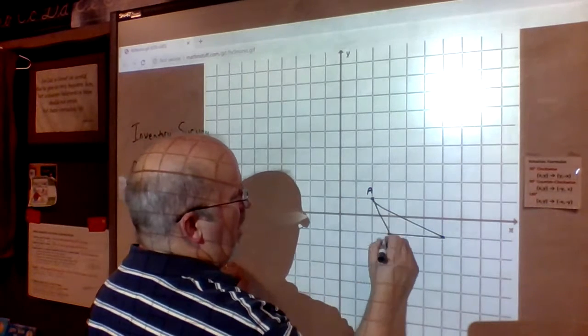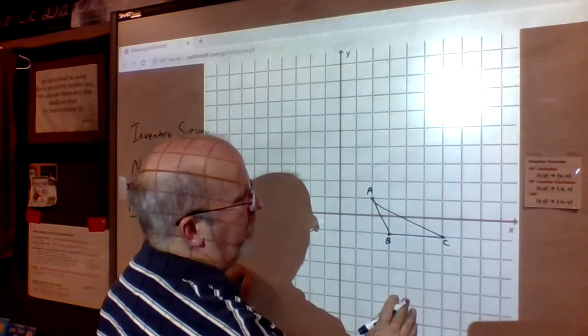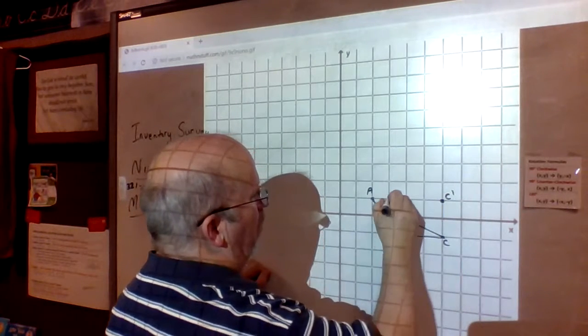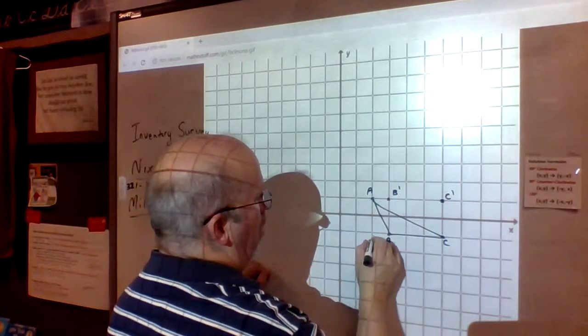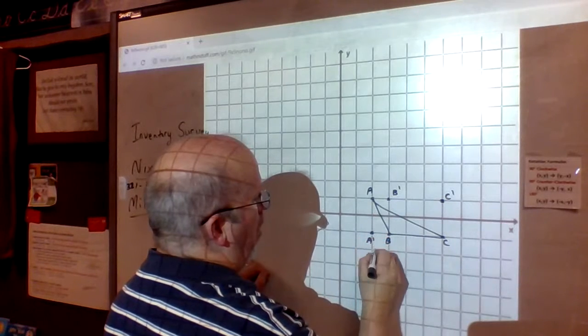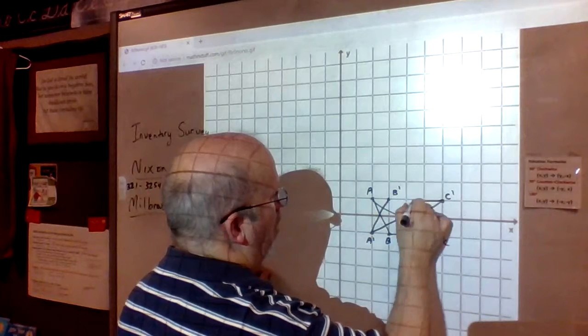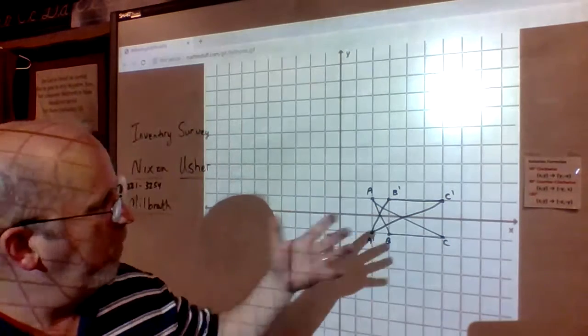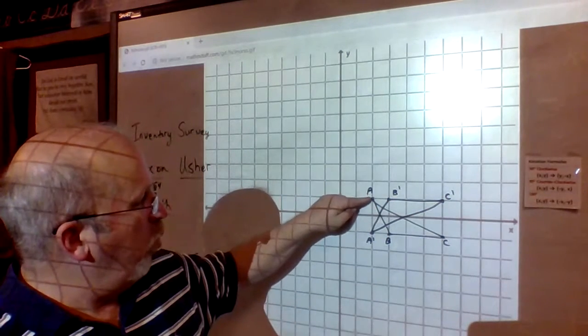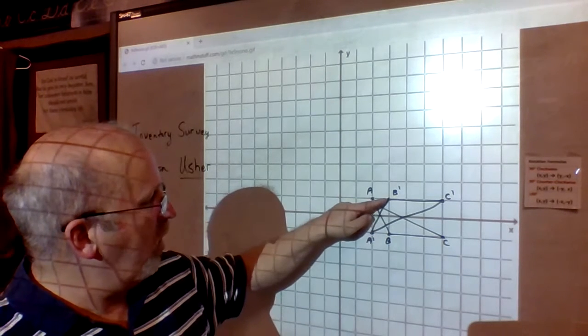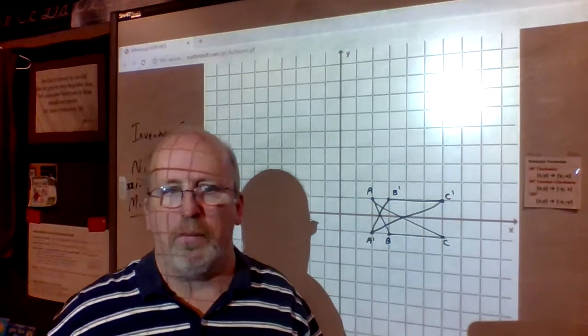If this is our A, our B, and our C, we usually do it the same way as we've talked about before. There you go. A prime is 1 away, just like A is 1 away. B prime is 1 away, just like B is 1 away, and so on through the pattern.